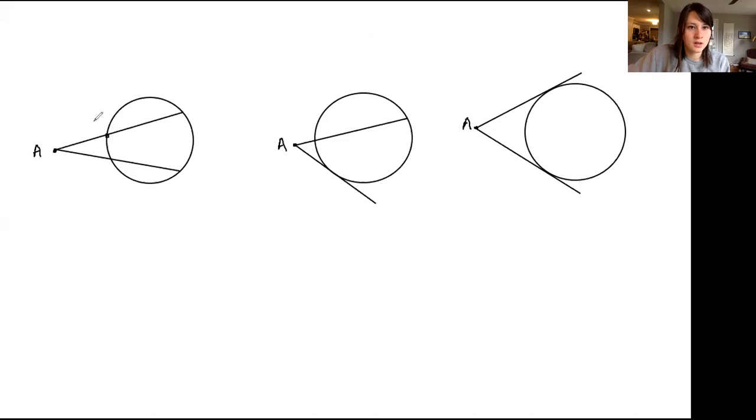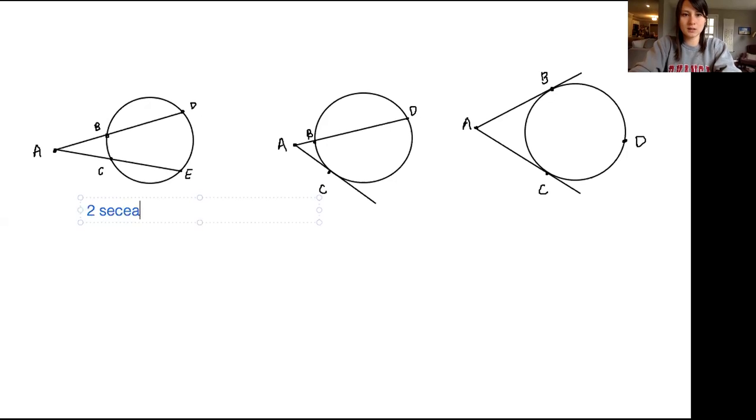And then B, C, D, E. B, C, D. B, C, I'm going to give this a point D. So let's talk about what these are. This is where we have 2 secants intersecting. This one is where we have a secant tangent intersecting. And this is where we have 2 tangents intersecting.